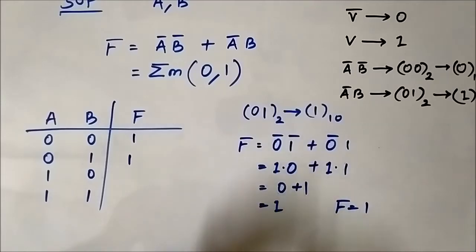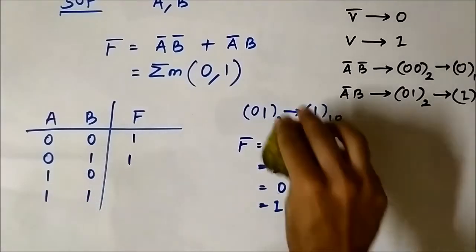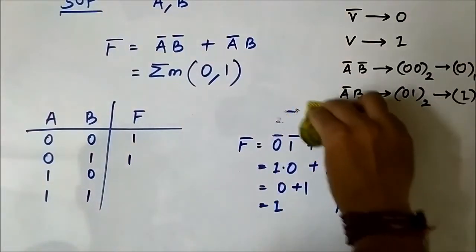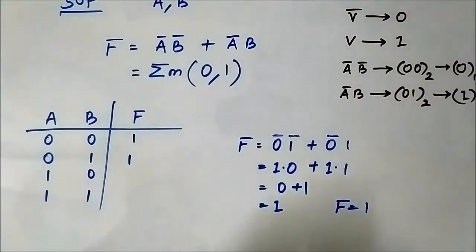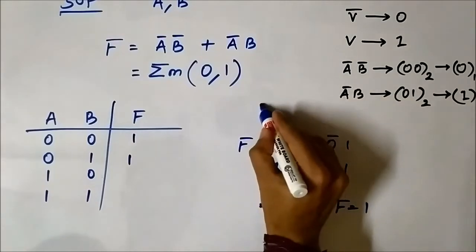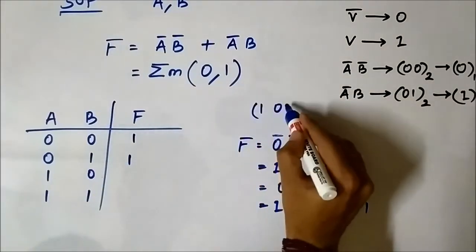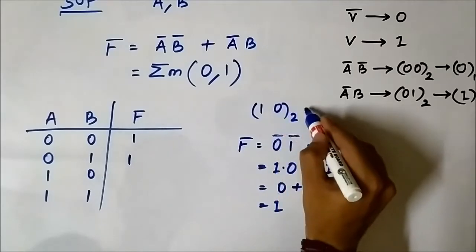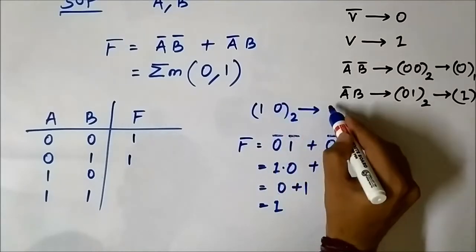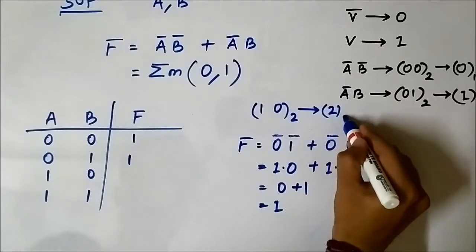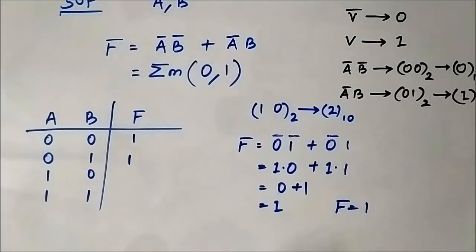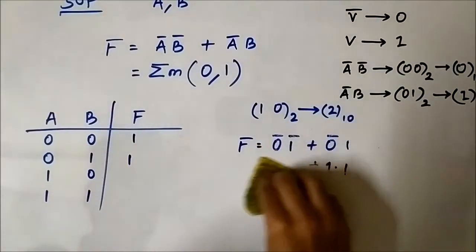Now let us put the third input combination, which is 10. A is 1, B is 0. In binary it is 10, and in decimal it is 2.